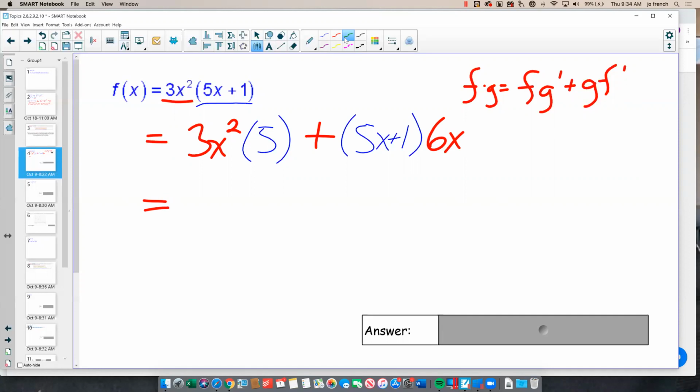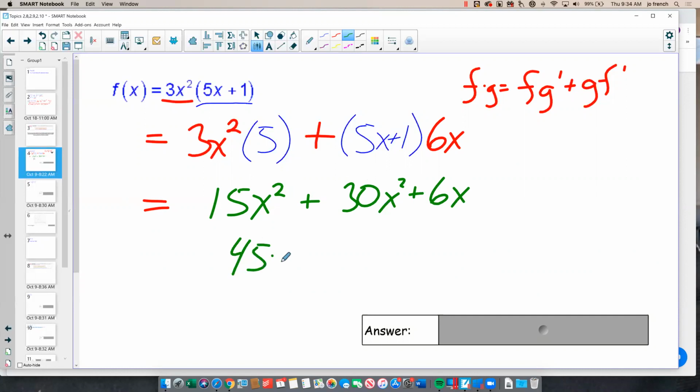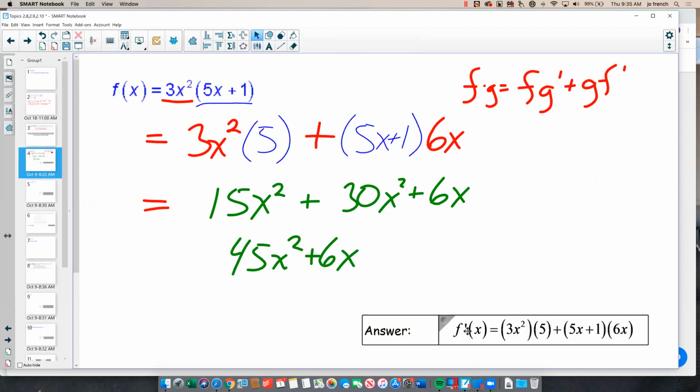So if we simplify, we take the 3x squared times 5 and get 15x squared, plus distribute the 6x, and we get 30x squared plus 6x, which gives me 45x squared, 15 plus 30, plus 6x. And as you can see, we left it in unsimplified form, which, again, I am perfectly happy to see.